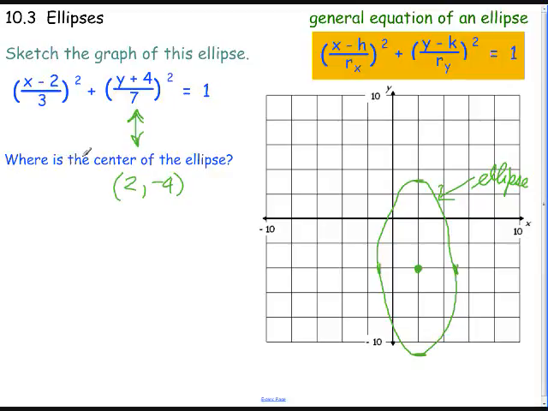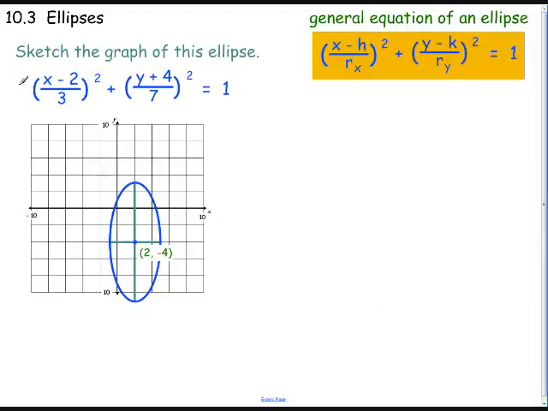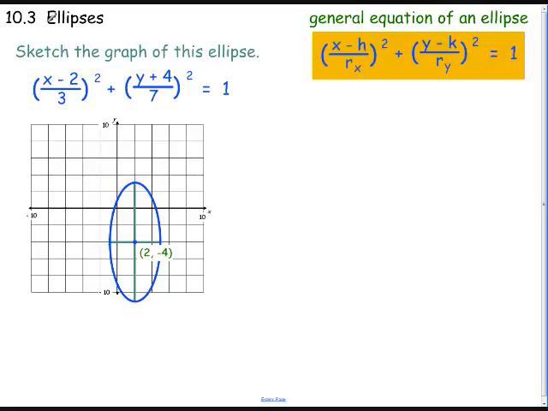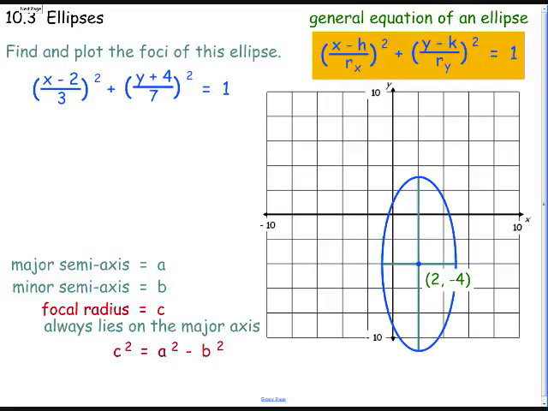So there's my center. I've graphed it. And it did turn out to look like that. Well, when I did it previously by hand, it didn't look too good, but that's what I've got here, the sketch of that ellipse.